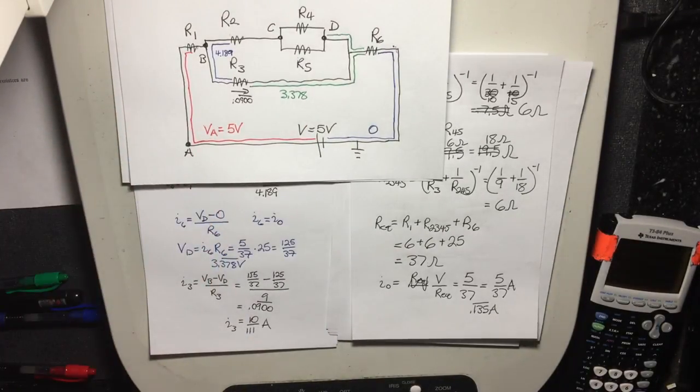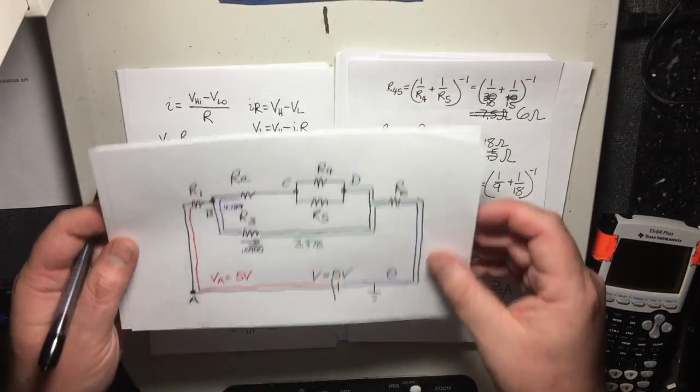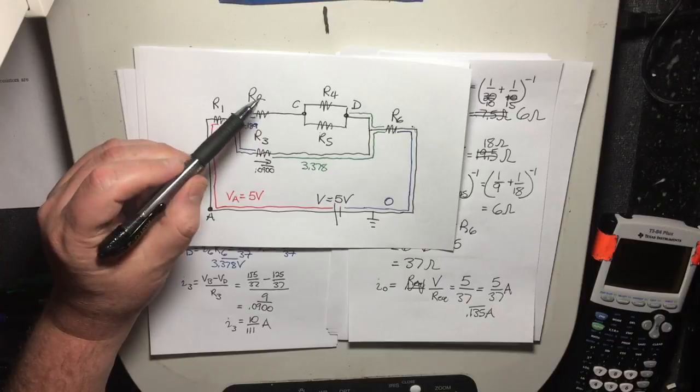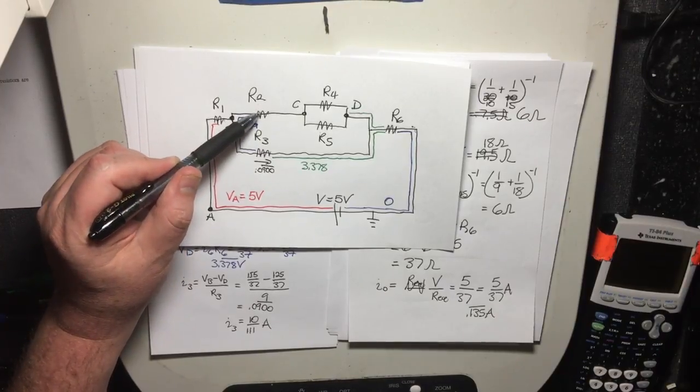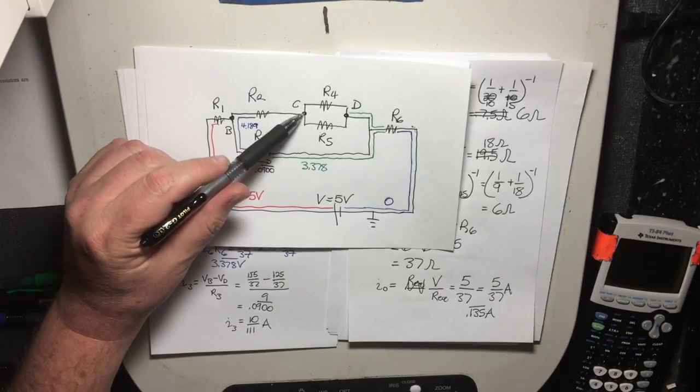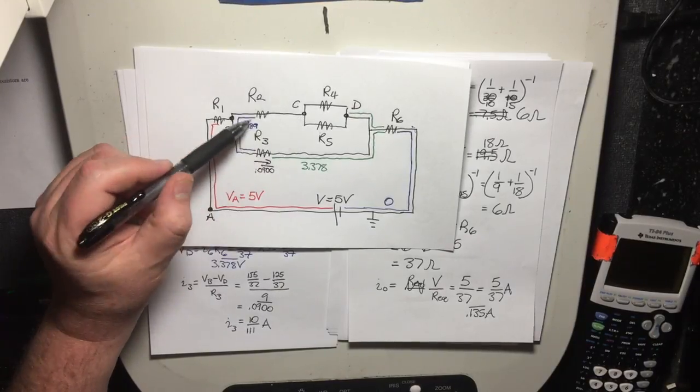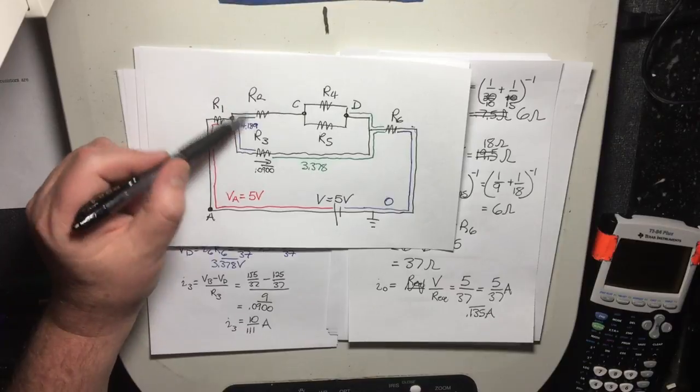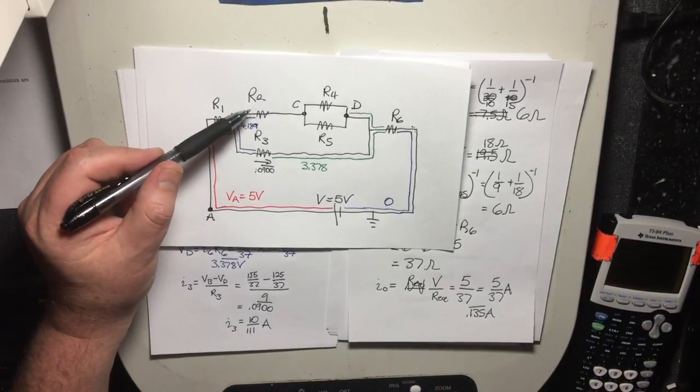Now, this is where we take a little bit of a different approach. Granted, I do not know the current flowing through R2, and I do not know the potential at C. So I can't really use Ohm's law to do this.